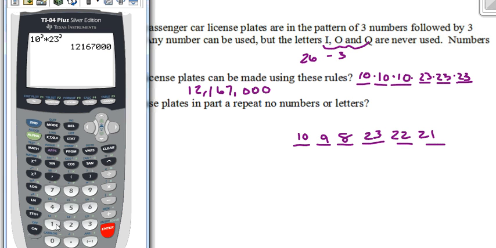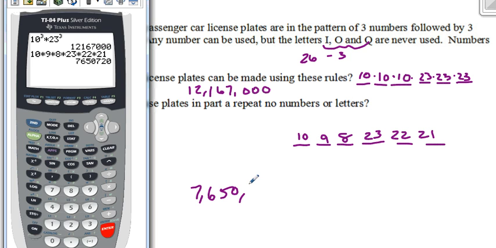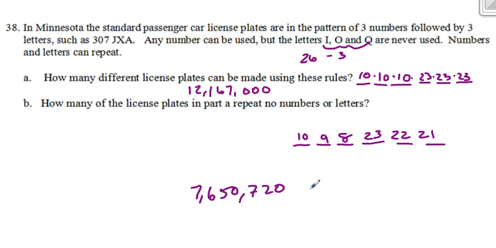So go to my calculator. 10 times 9 times 8 times 23 times 22 times 21 gives me 7,650,720. All right, so almost cut in half, not quite.